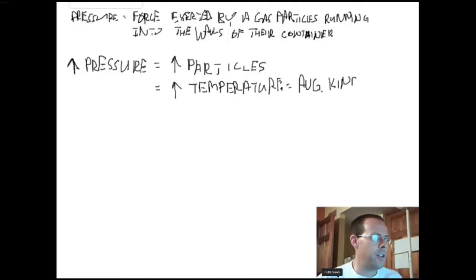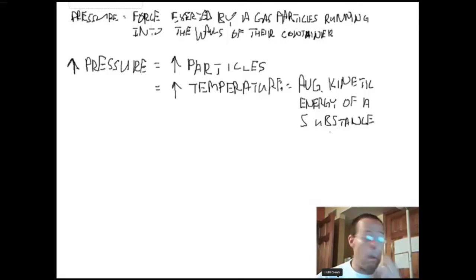Kinetic energy is energy of motion or movement, but temperature is the average kinetic energy of a substance. It could be a liquid, a solid, or a gas, but of some substance. Simply, temperature measures how fast molecules are moving.